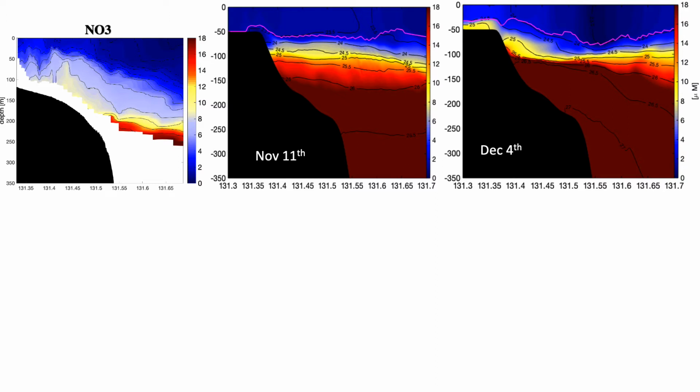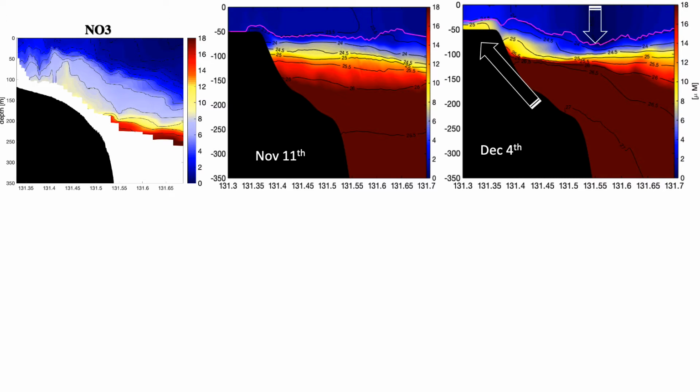On the other hand, in December, it shows a very similar distribution to the in situ data. The zone of high nitrate concentration runs above the continental slope caused by the tilted pycnocline of the Kuroshio approaching the coast.